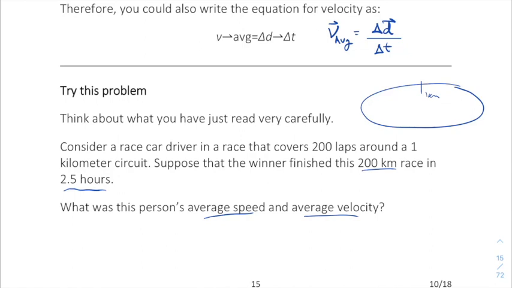So average speed is simply the change in distance over the change in time. In this case, the change in distance is equal to the 200 laps times the 1 kilometer, so that's 200 kilometers.